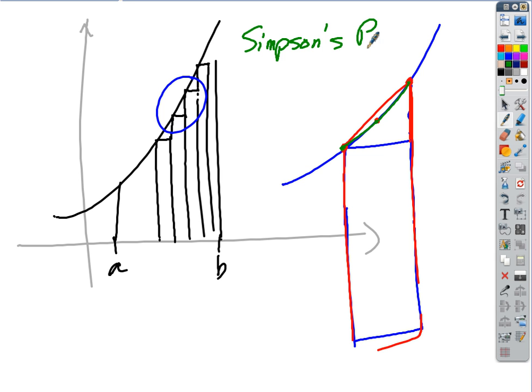If we want to do an approximation, the trapezoidal rule is approximated by this algorithm. It's equal to (b minus a) over 2n times this sum.